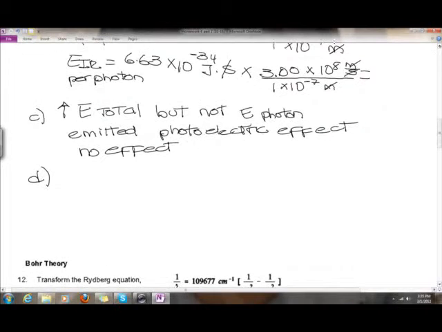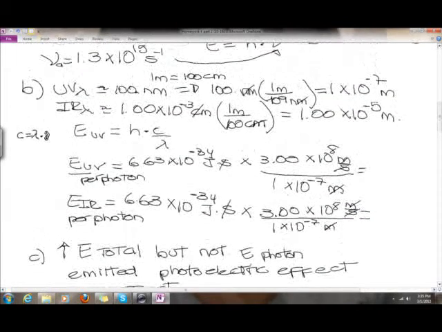That's why I like to use this formula like this. Look at the UV energy. If you decrease the wavelength, the energy is going to increase. But be careful.